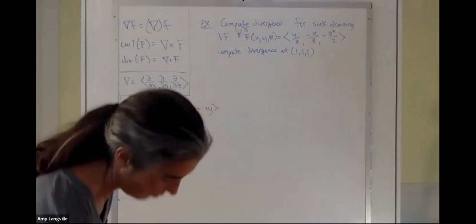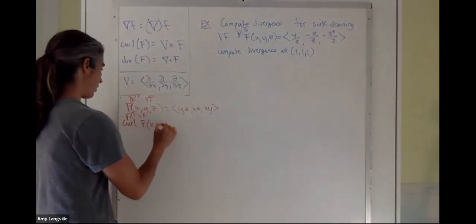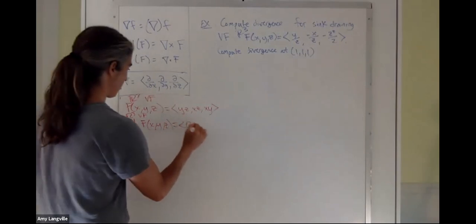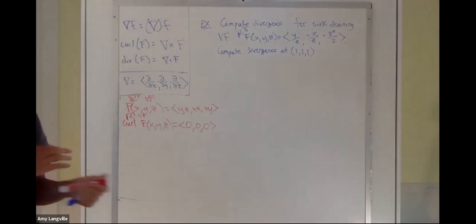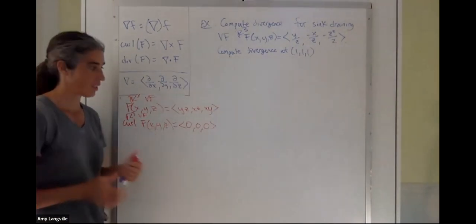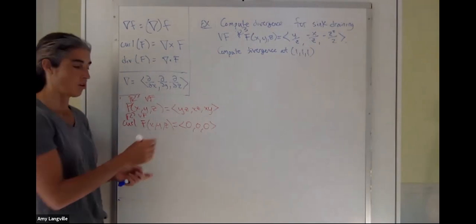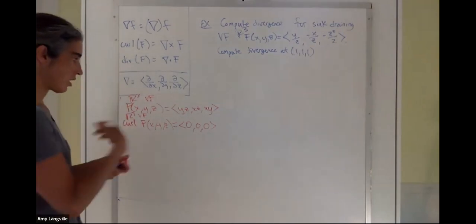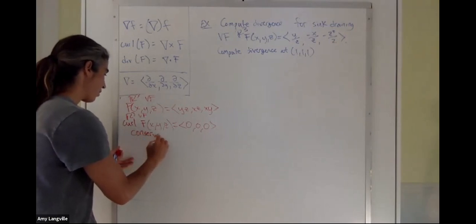Curl of f at any point x, y, z is the same. It's 0, 0, 0. So it's irrotational at every point in the field. Well, what does that mean? Well, that's a special thing. If your curl is equal to 0, that means, again, you're irrotational everywhere, but another way, it means it's conservative.